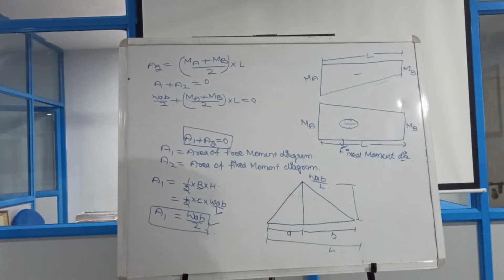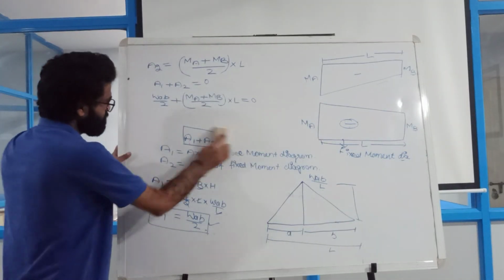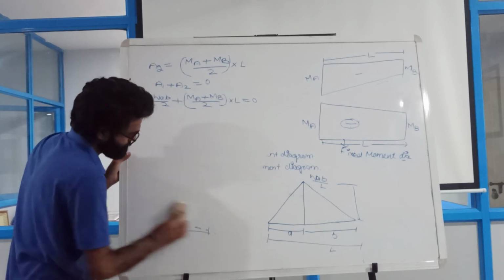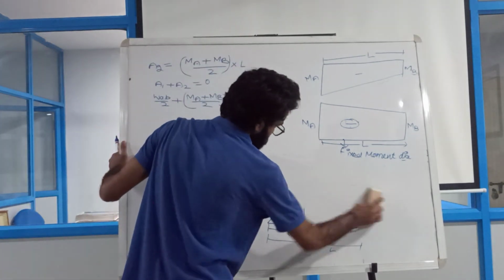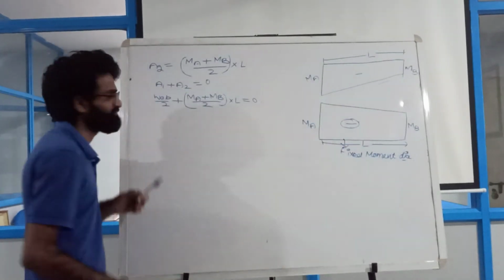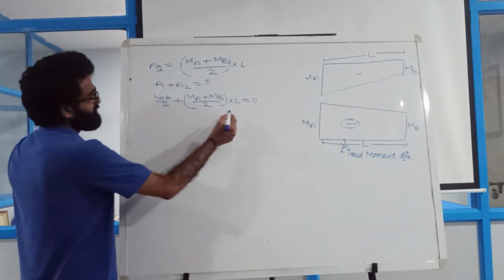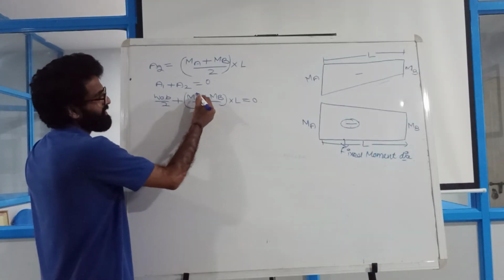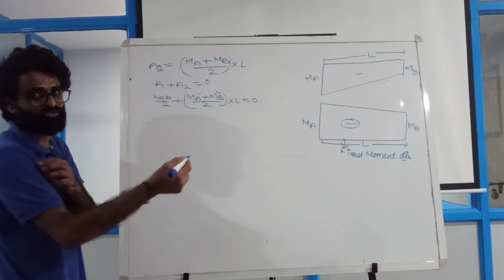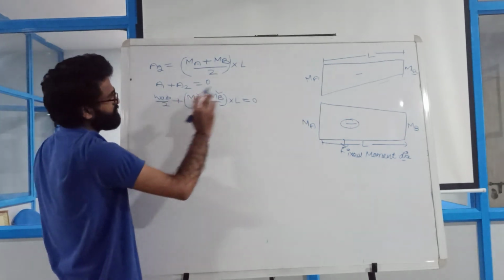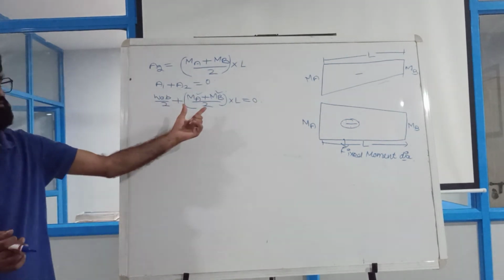So let us simplify this equation. I want to calculate the MA, MB values. One thing we did a mistake here.